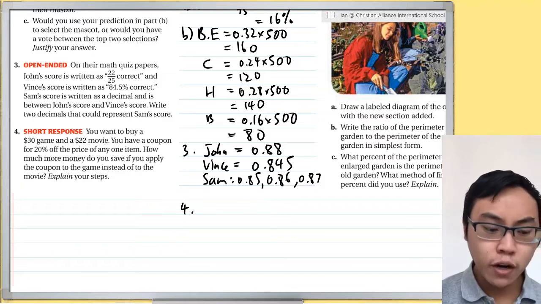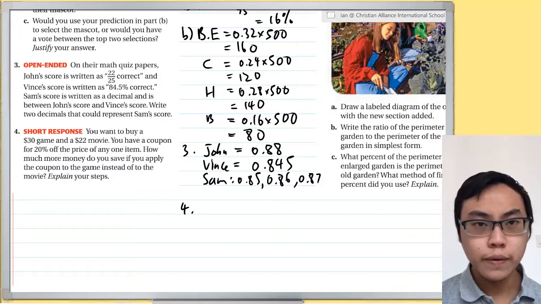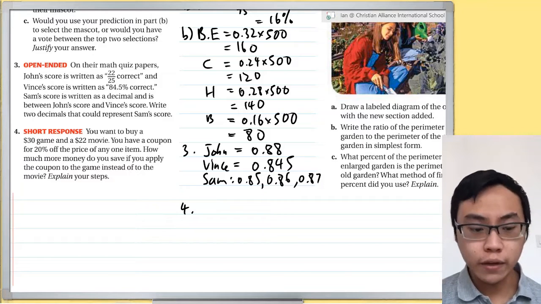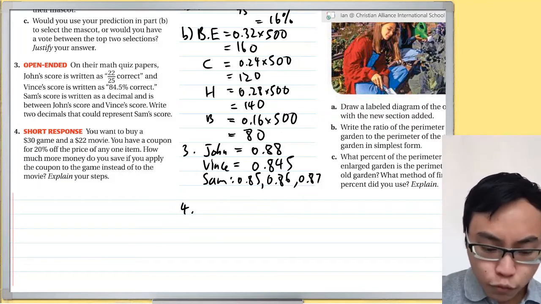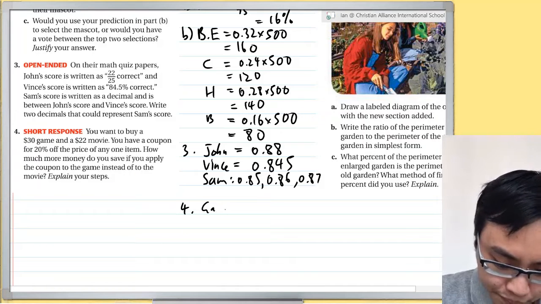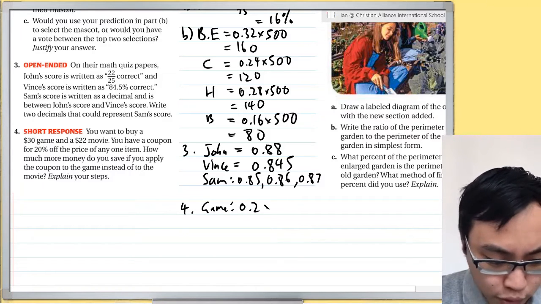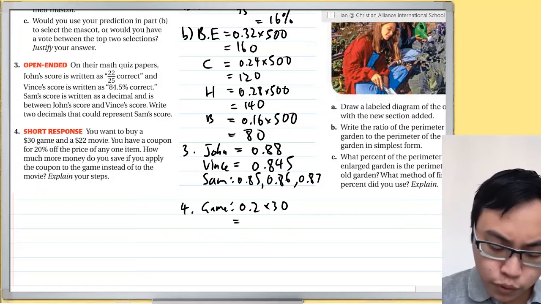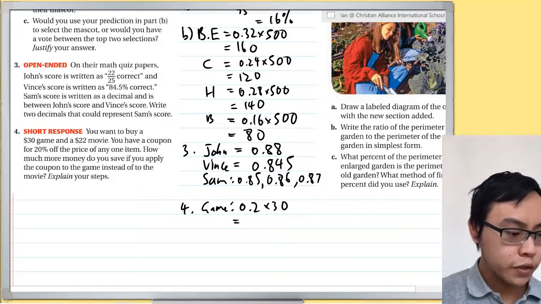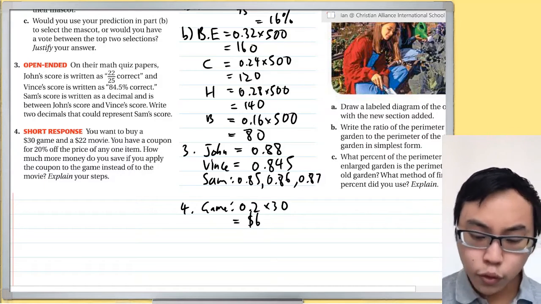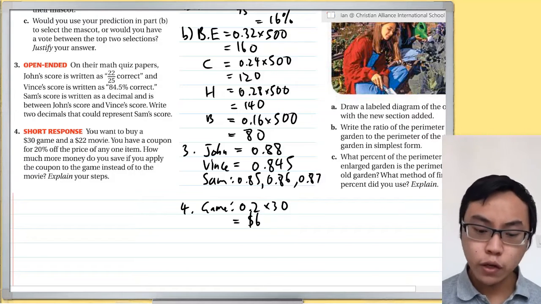So 20% of each, first for the game, will be 0.2 times $30. That's $6. So that will be a $6 discount.